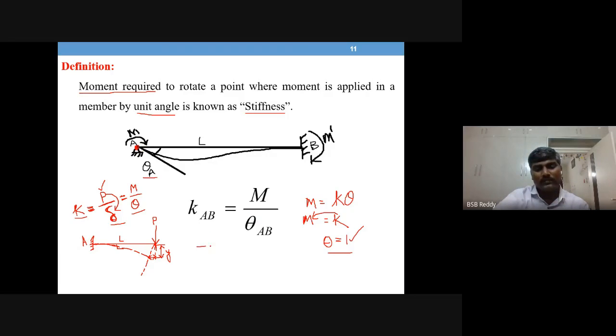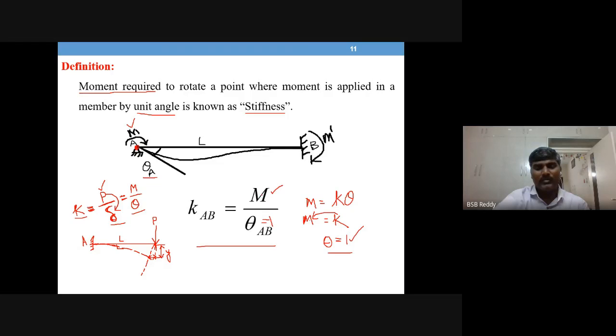So this is the formula for finding stiffness in terms of a mathematical expression. Whereas if you want to define it, you have to define it like this: the moment required to rotate a point A, where the moment is applied in a member, by unit angle.